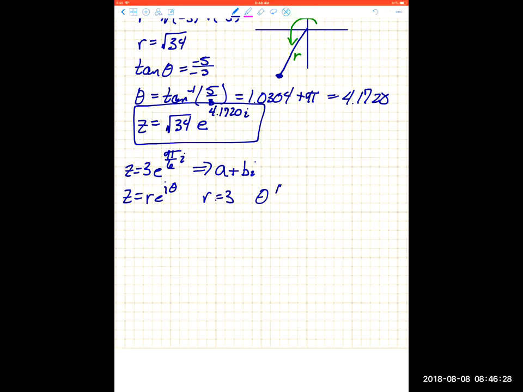Theta must be pi over 6. So we can rewrite this as r cosine theta plus ri sine theta.